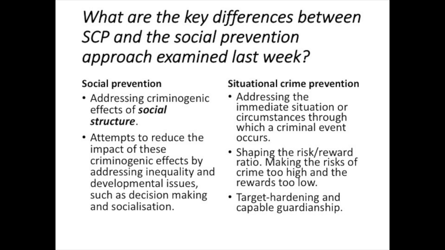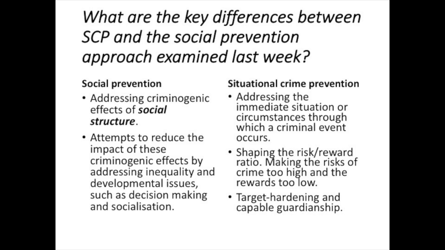If we look back at social prevention, really what that seems to be about when compared to situational crime prevention, or SCP, is that social prevention is more about addressing the criminogenic effects of social structure, right? When I say social structure, we're talking about how people are organized into groups and communities, and we're thinking about socioeconomic status and those sorts of things.